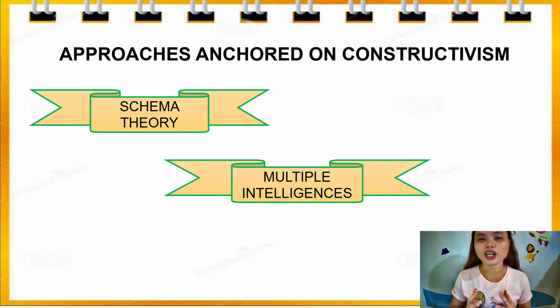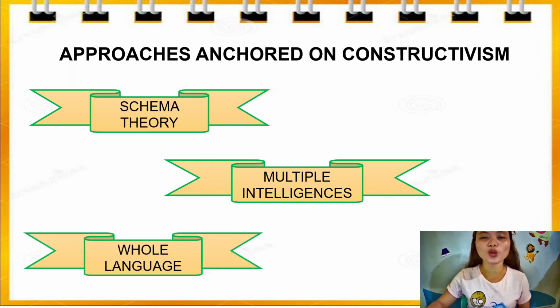So in this way, if the teacher is observing the multiple intelligences theory in his teaching and learning process, he must use differentiated instruction to cater to all these differences among individuals.